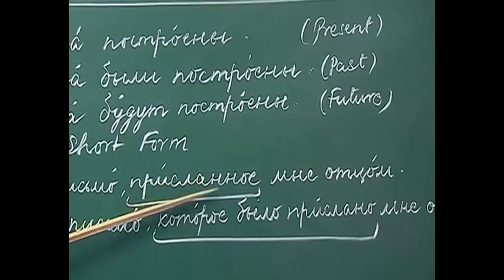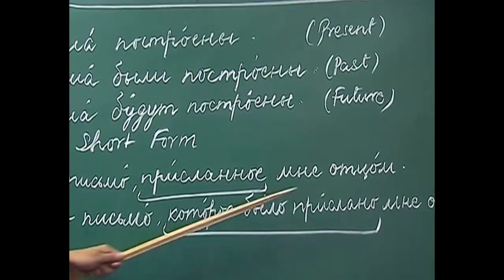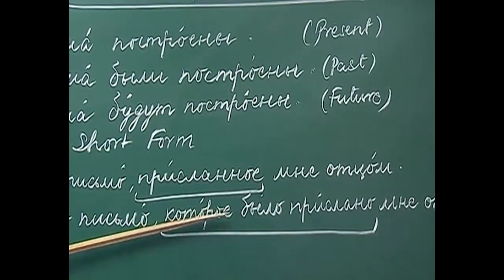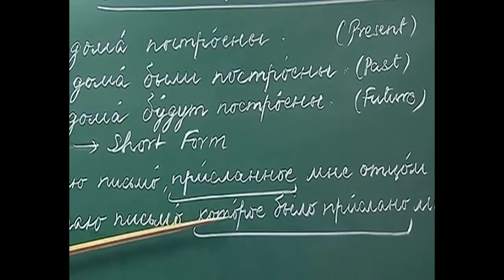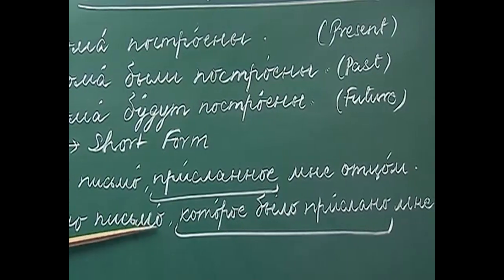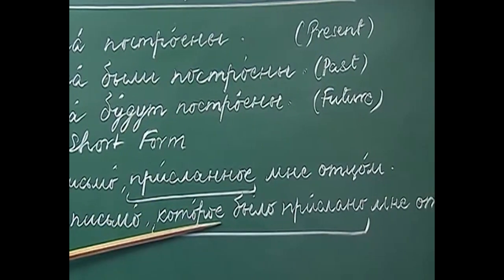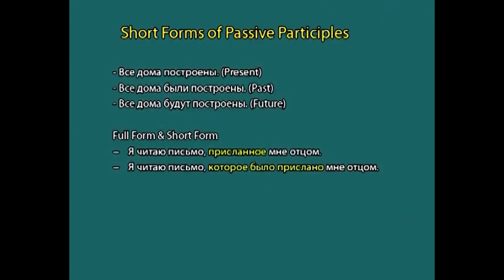So, присланно, why присланно? Because it is related to который, and который qualifies письмо, which is in the neuter gender. That is why который is also in the neuter gender and присланно is also in the neuter gender. So, this is how we replace the full form with the short form.